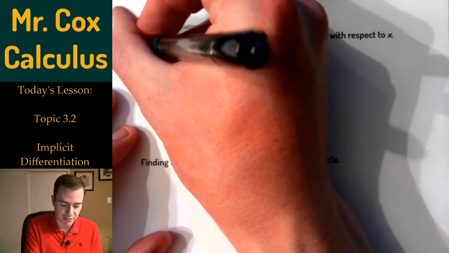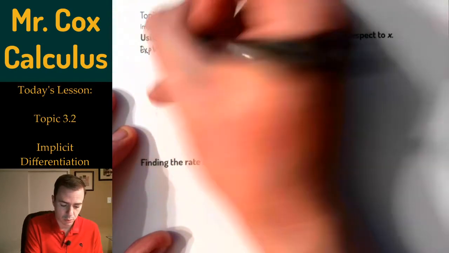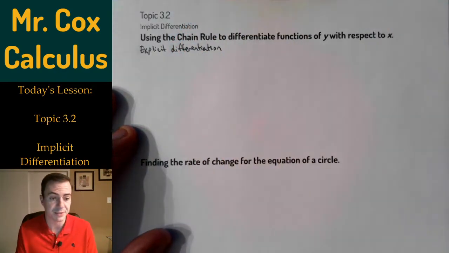So explicit differentiation, which would be the opposite of what we're going to be doing here, which would be implicit differentiation.